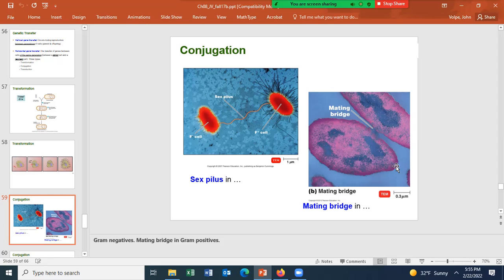And then the cell membrane goes around and now connects to the cell membrane of that cell, meaning that the cytoplasm of these two cells are now interconnected. And a plasmid or a piece of DNA can move out of this cell and move into that cell. And this we call a mating bridge. And you can find mating bridges in gram-positive cells. Any question about any of this?